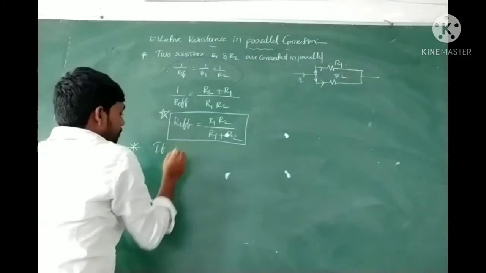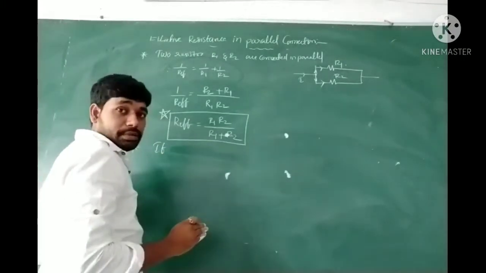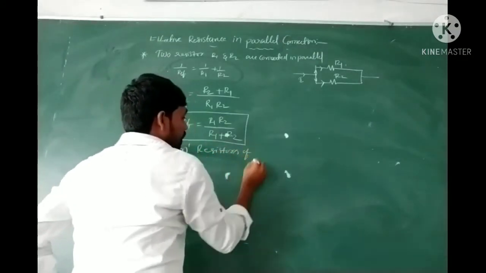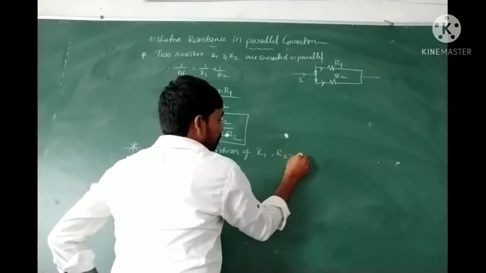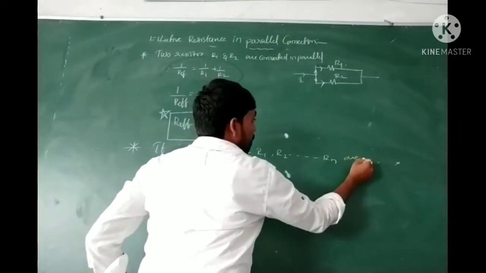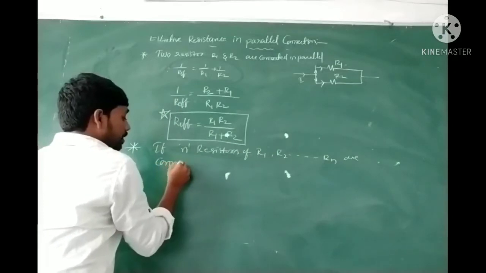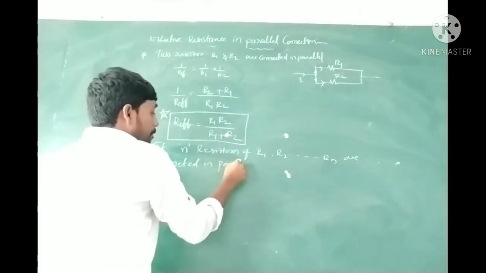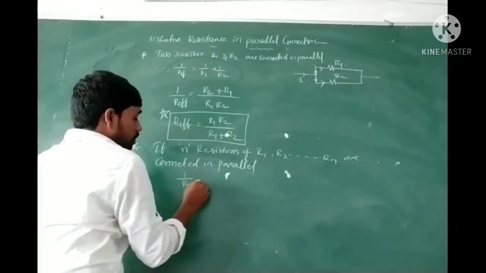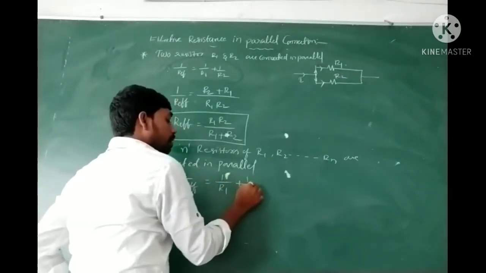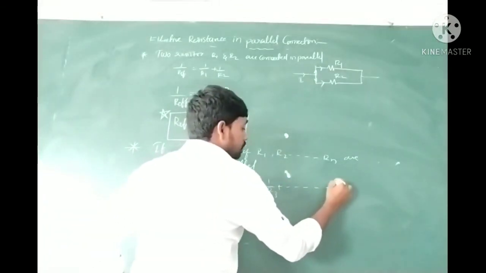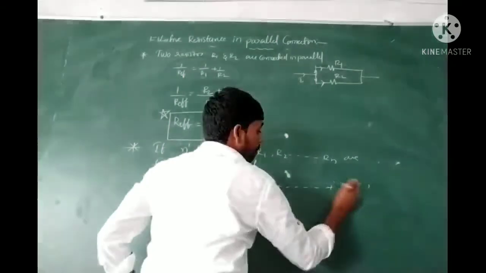If n resistors R1, R2, and so on up to Rn are connected in parallel, then the effective resistance is 1 by R effective is equal to 1 by R1 plus 1 by R2 plus 1 by R3 plus and so on n times, 1 by Rn.